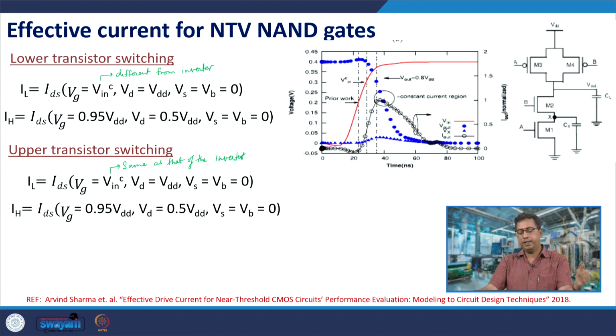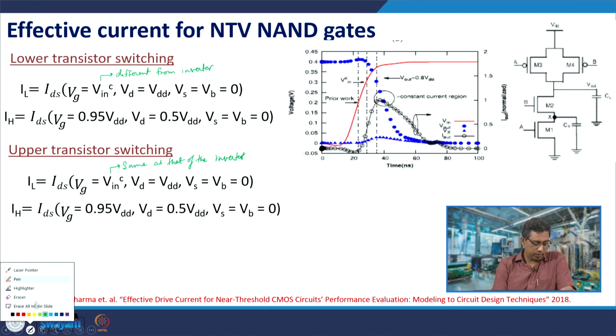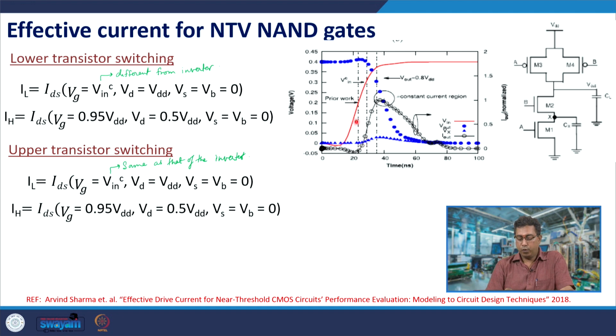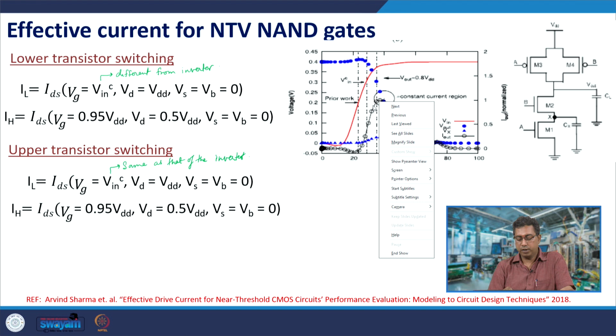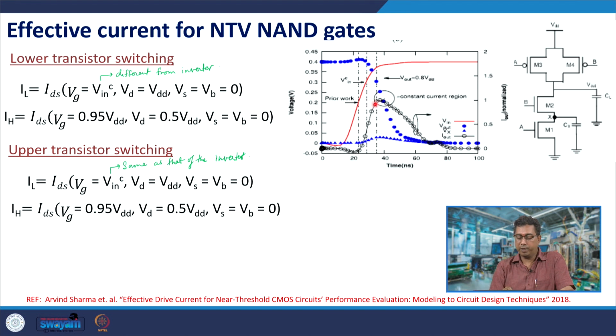Now, as in the inverter's case, we have divided the regions in the same way. From 50% input value to V in C, and from V in C to 80% of the output discharge. V in C is when the output begins to discharge.